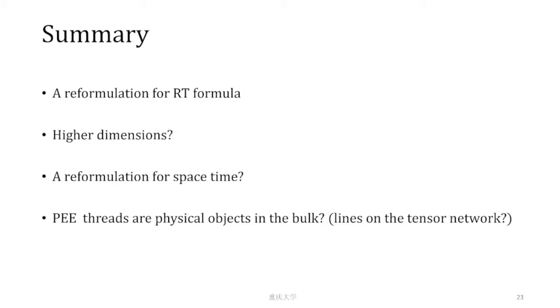And how are the PE threads connected to other descriptions of space-time, other toy models like the tensor network? Actually, the calculation of the entanglement entropy using the PE threads is exactly the same as the one we use for the entanglement entropy in tensor networks. The entanglement entropy equals the number of paths in the tensor network that cut the tensor network.